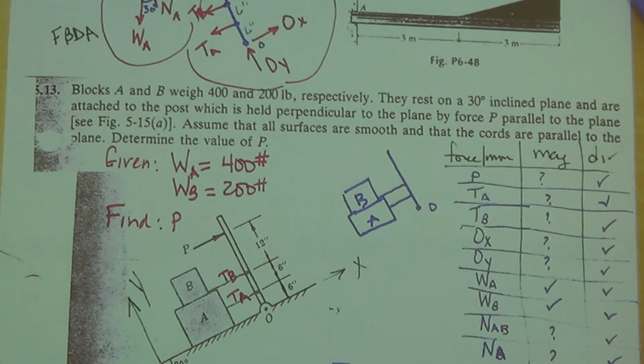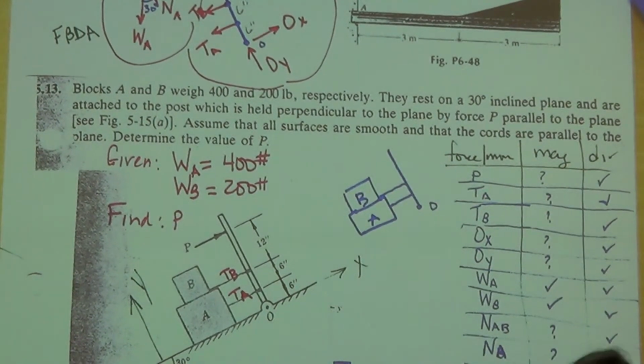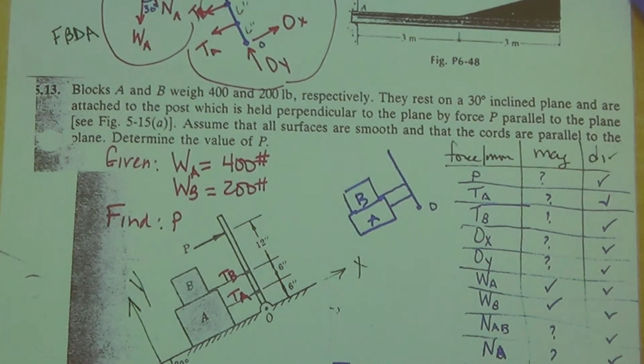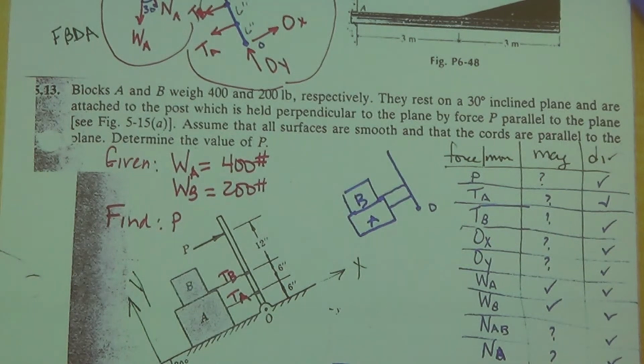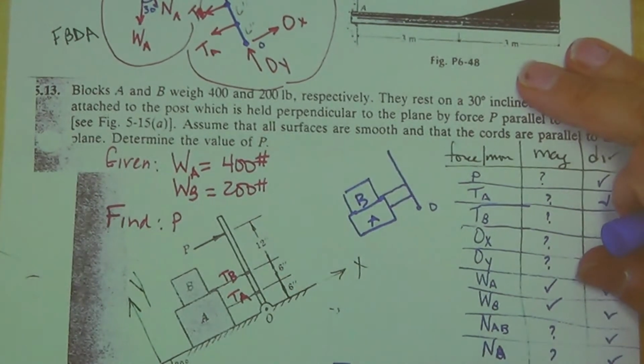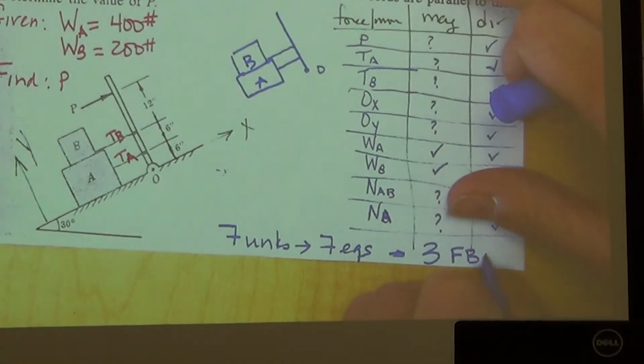So do you see what you're doing? Even though we had 7 unknowns in this whole problem, we only needed to find P. But in the end, how many free body diagrams did we use anyway? 3. So 7 unknowns leads to needing 7 equations, which leads to we need 3 free body diagrams.